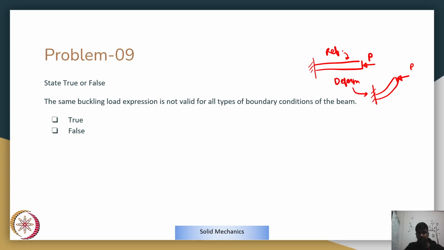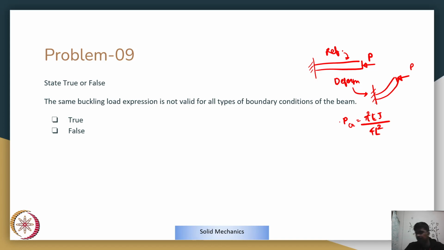However, suppose you have a different boundary condition, like the clamped-free one. Here we obtained an expression for the buckling load to be something like pi square EI on 4L square.